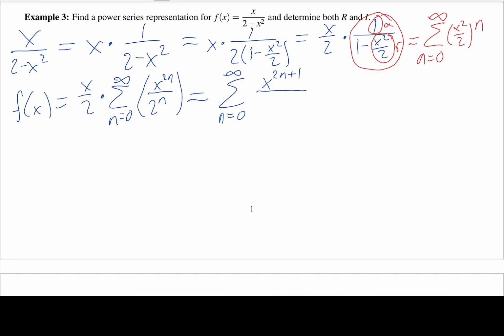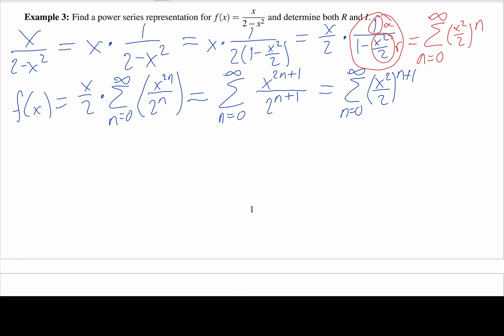And if I'm multiplying with a 2 on bottom, then this will be 2 to the n plus 1. Okay, so notice this is the same thing as the sum from n equals 0 to infinity of x to the 2n plus 1 over 2 to the n plus 1.